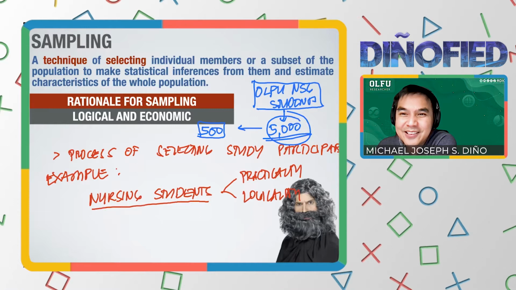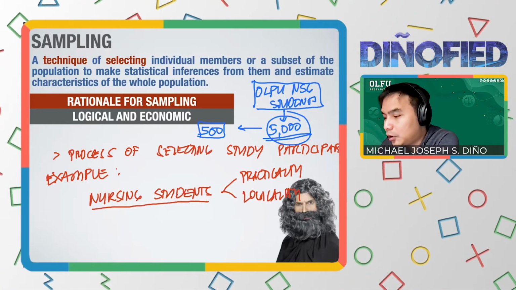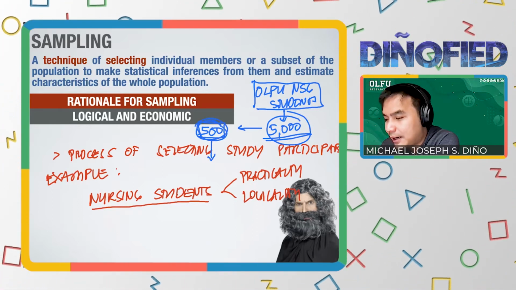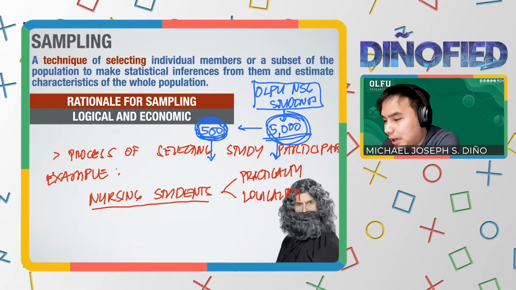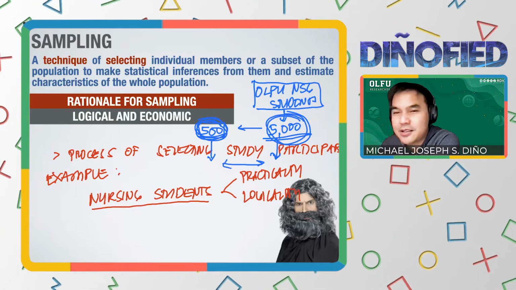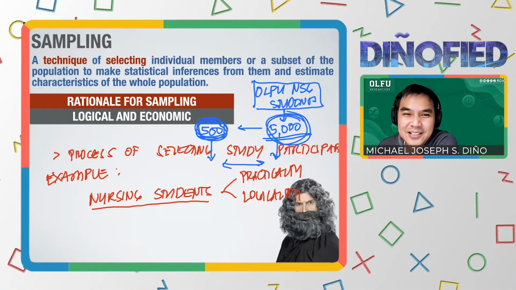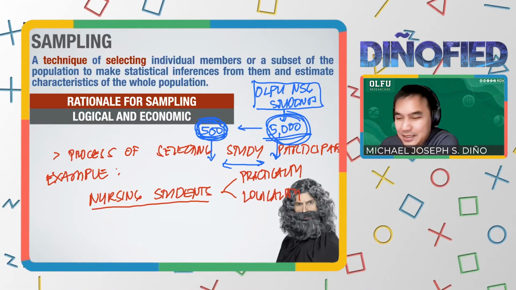Can it represent? What do you think? Meaning, if we identify the responses of the 500, and if we include all the members of the population of 5,000, would their responses be similar if we take the average? Is that possible?